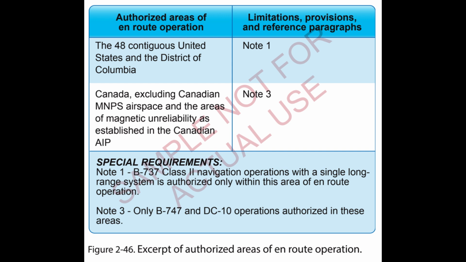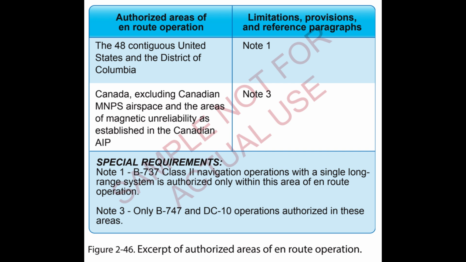1. Operations in areas of magnetic unreliability. 2. North Atlantic operation NN/OPIUS with 2-engine aircraft under 14 CFR Part 121. 3. Extended range operations ER-OPIUS with 2-engine aircraft under 14 CFR Part 121. 4.